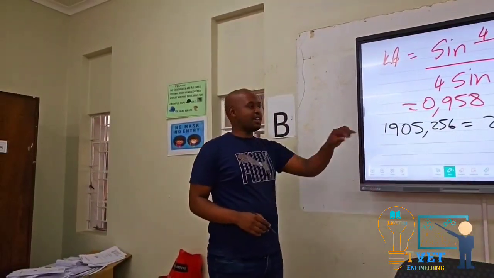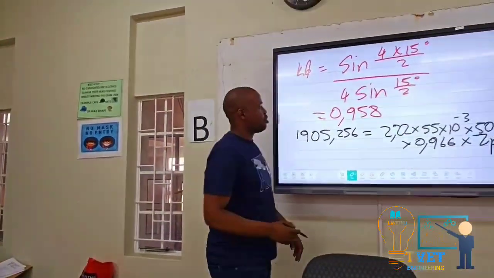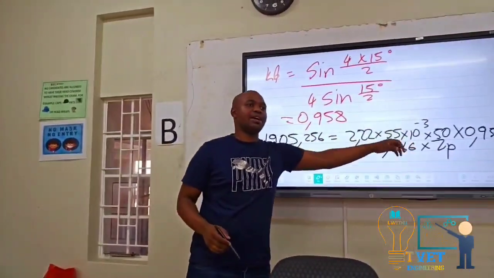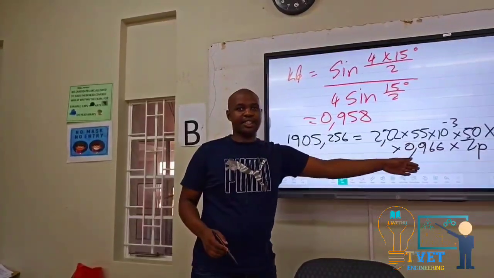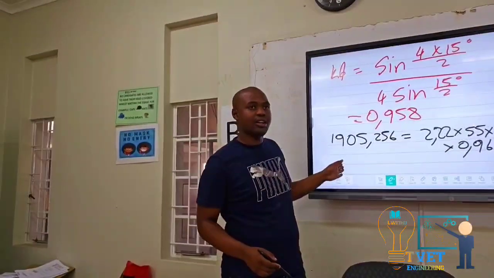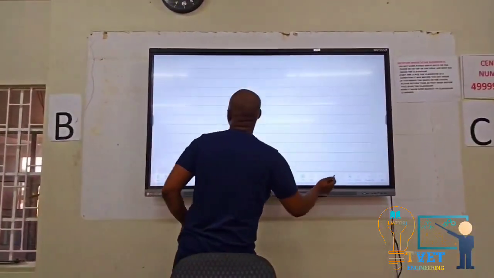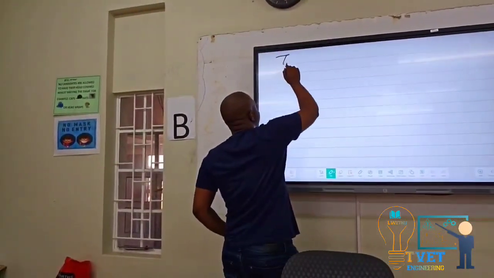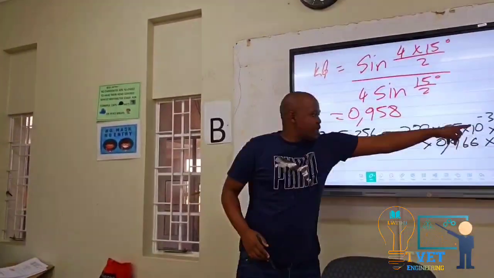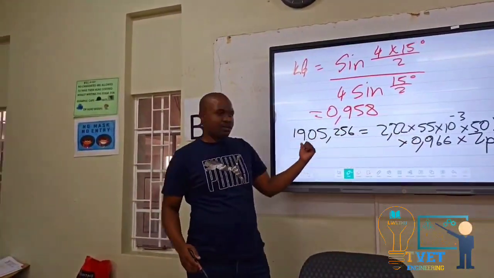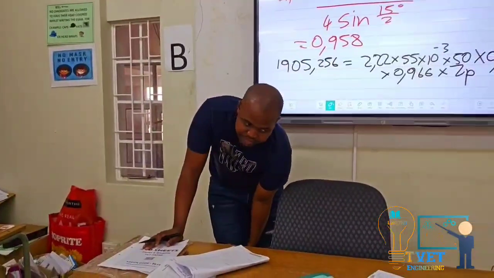The one that I'm making the subject of the formula. Since everything is multiplying, I'm going to divide everything on the right-hand side to the left-hand side.